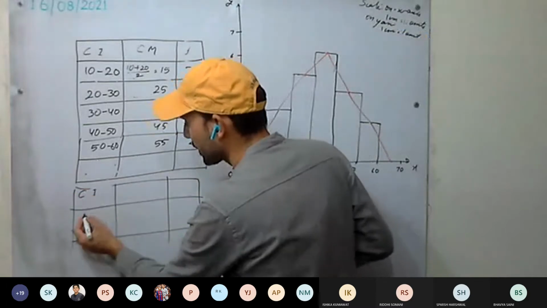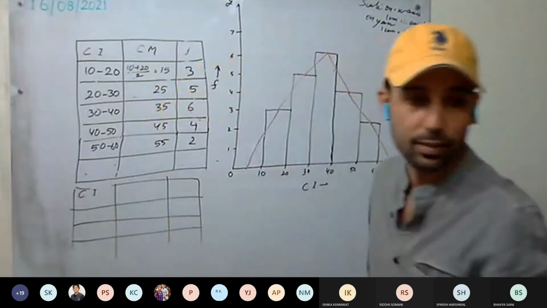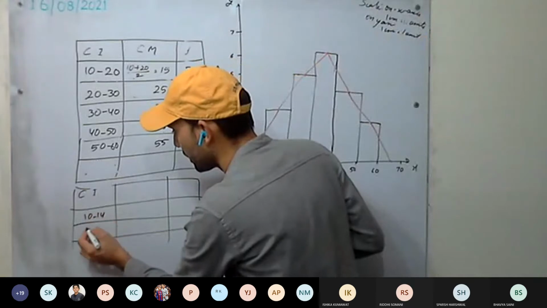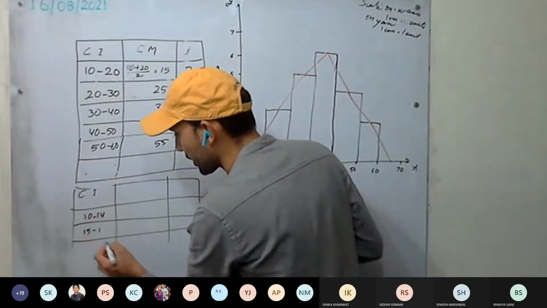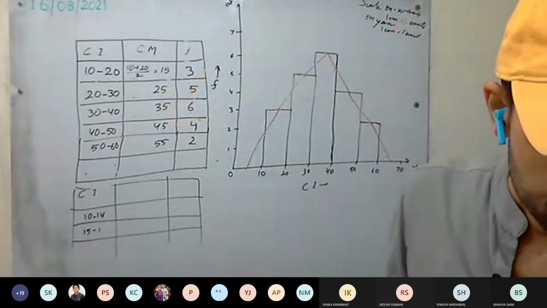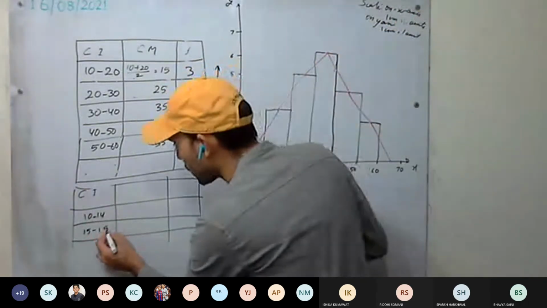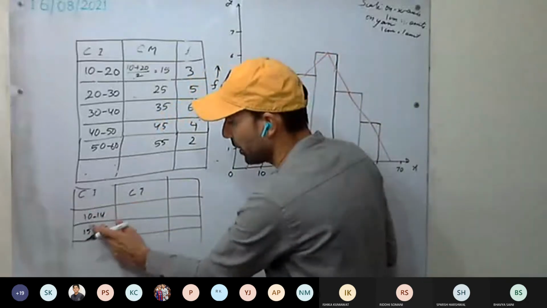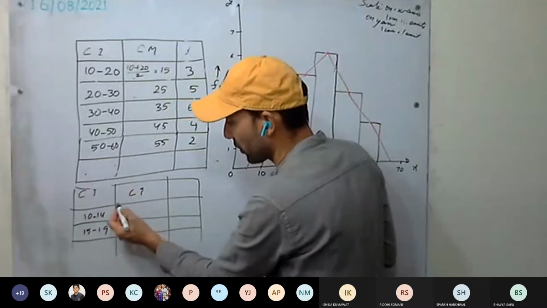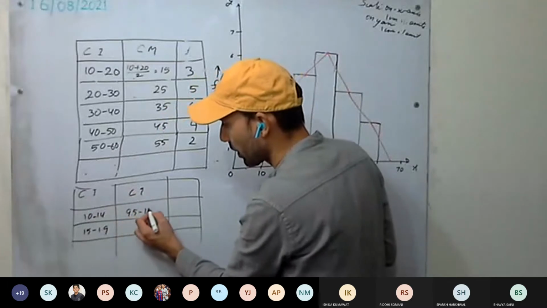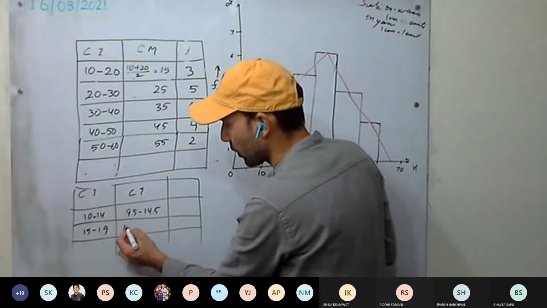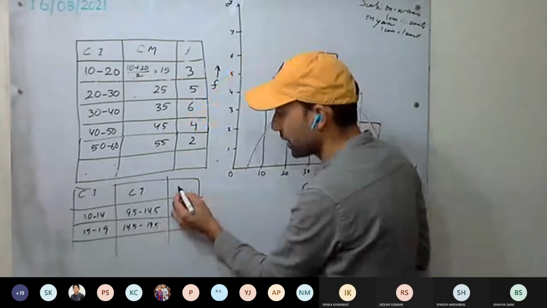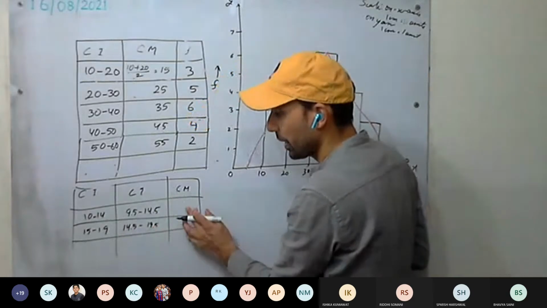First is 10 to 14, then 15 to 19. So first, make these class intervals exclusive. 15 minus 14 is 1, and 1 divided by 2 is 0.5. So it will be 9.5 to 14.5, 14.5 to 19.5. And you will have the class mark here. Class mark will be how much?